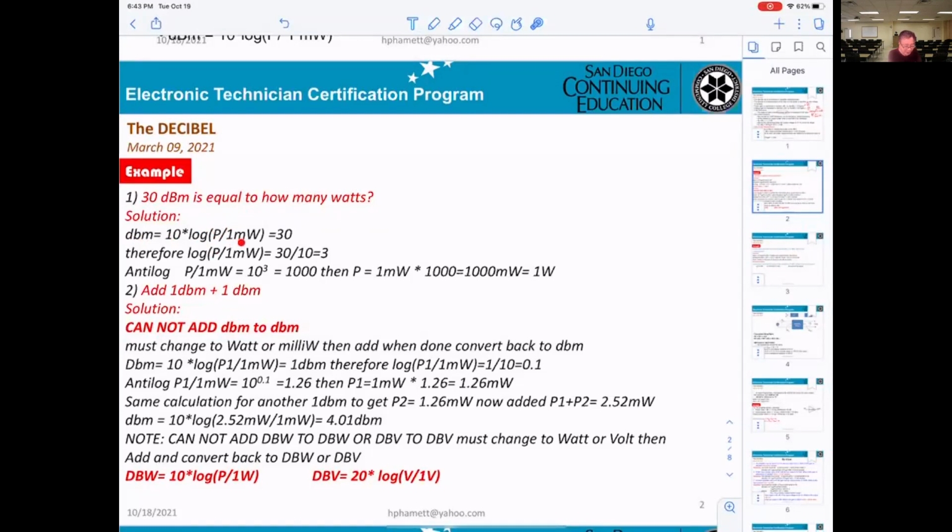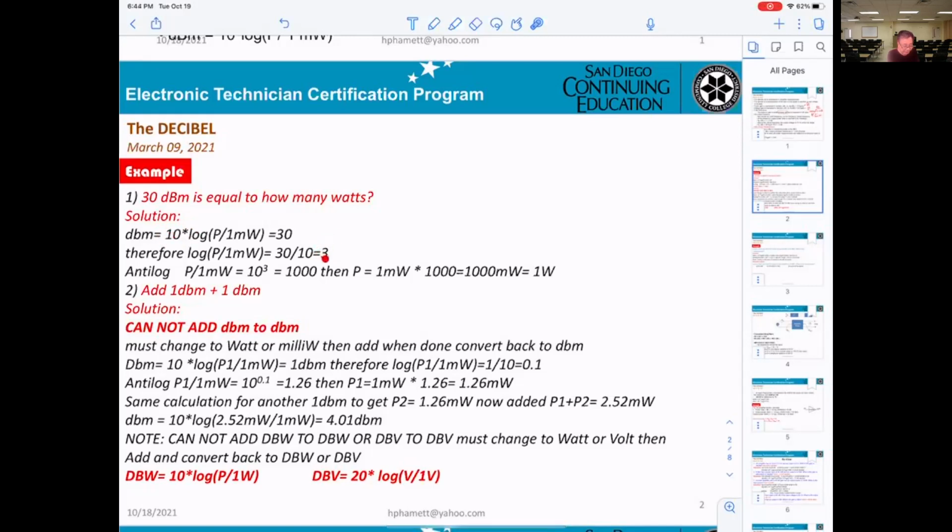Divided by 1 milliwatt. And that equals 30. They give you 30 dBm, and now they want to know how many watt is equivalent to 30 dBm. Therefore, now you take the log only. So you have log of P over 1 milliwatt equals 30 divided by 10.